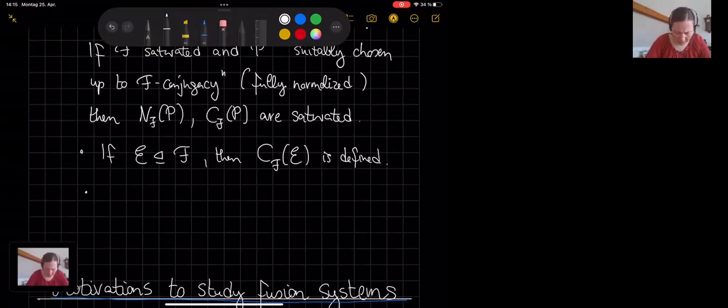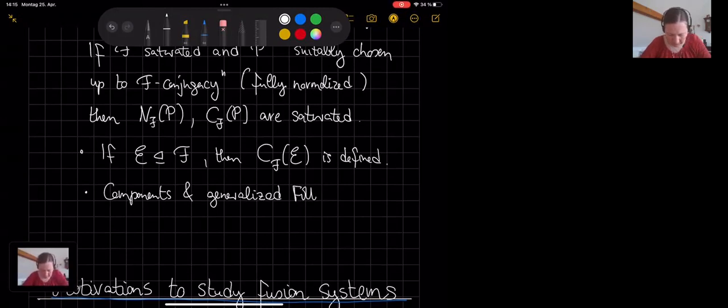Then also, if you're group theorists, perhaps you have heard about components and the generalized Fitting subgroup. This is also something which is known for fusion systems. So there are components and a generalized Fitting subsystem. This was introduced by Aschbacher, and there are several more concepts.